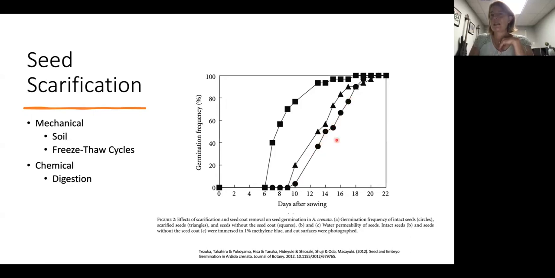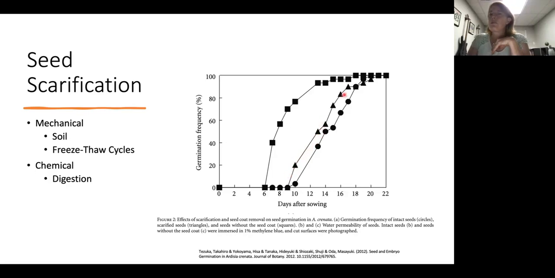So these are the intact seeds. So being intact, it seems to take about 10 to 12 days before we even start seeing any germination at all. And then by about 20 days after sowing, all the seeds have germinated. The triangles are seeds that have been scarified. So we've just broken the seed coat. And you can see that at 10 days, we have about 20% germination.